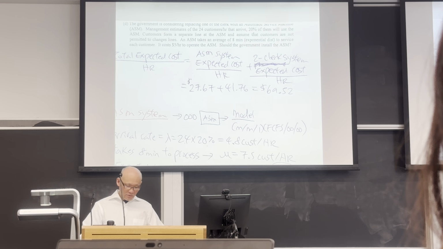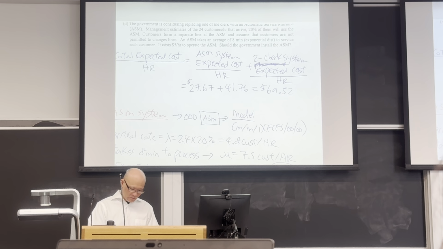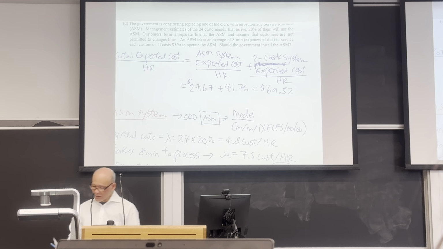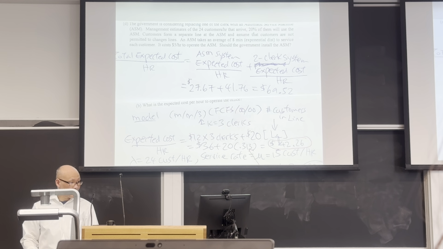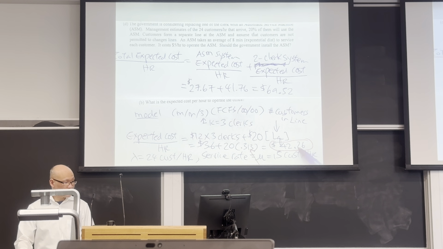So is it cheaper or more expensive? Well, from part B, when we had the 3 clerks, the expected cost is only 42.26.